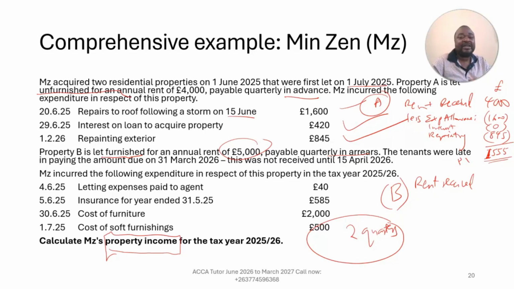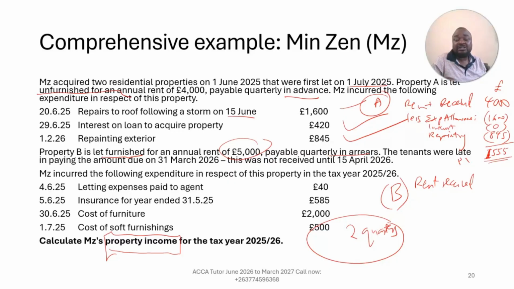Why? Because they pay in arrears. Then the other quarter was paid for on 31 December. Then the other quarter, which is now in 2026, was ending on 31st March 2026. But this one was not paid for until 15 April. So that payment on the 15th of April cannot be accounted for in our tax year, the 2025-2026 tax year.